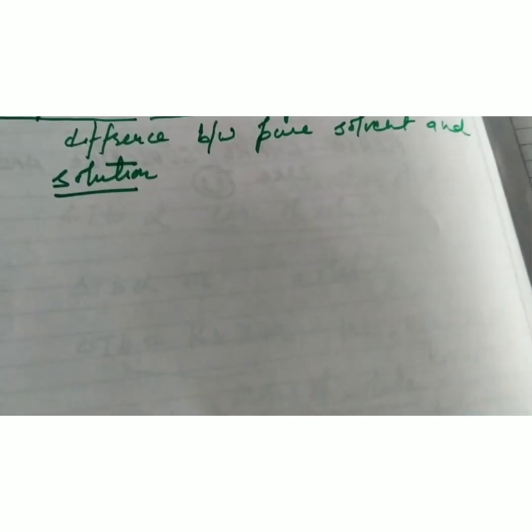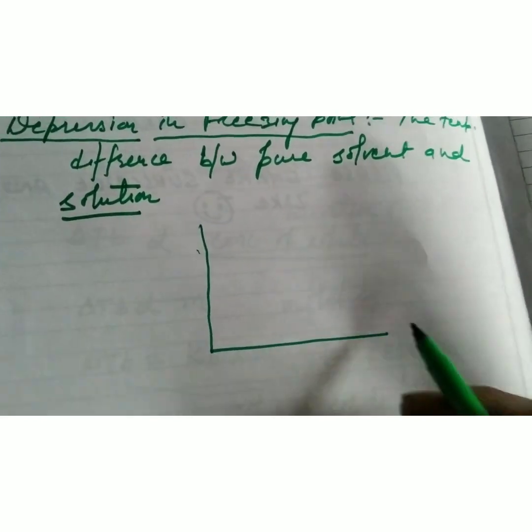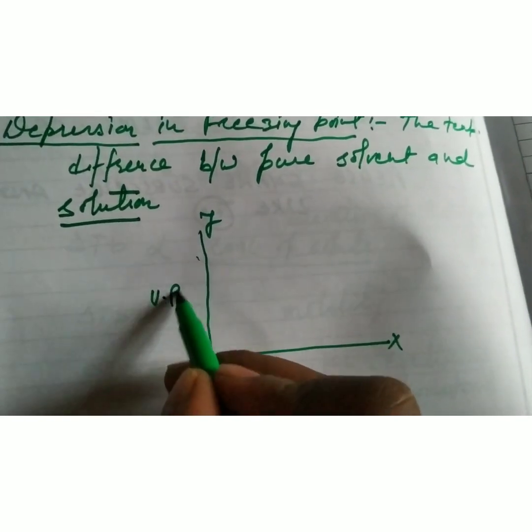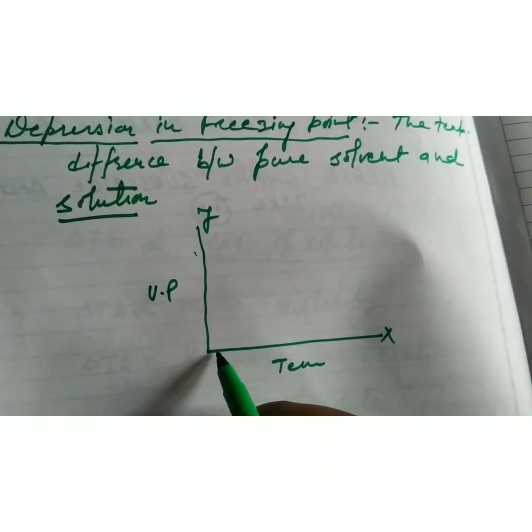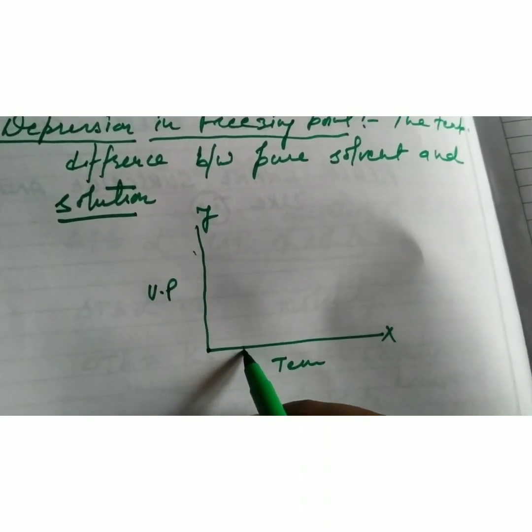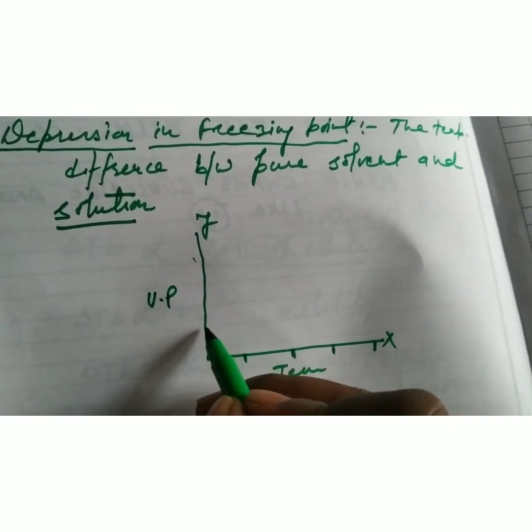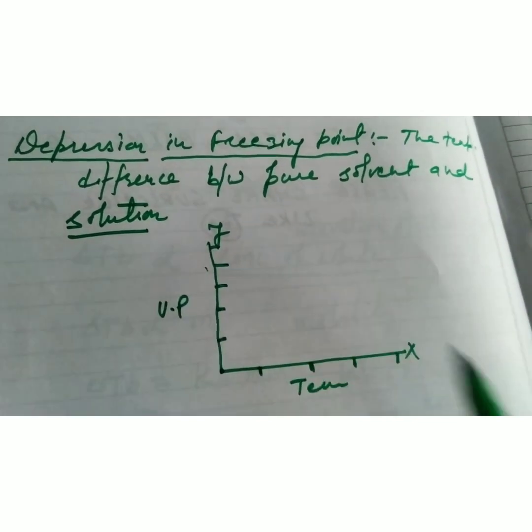So dear students, plot a graph. This is the x-axis, and this is the y-axis. This is vapor pressure and this is temperature. This is 0, 10, 15, 20, 25. And on the vapor pressure axis, 5, 10, 15, 20 and 25.